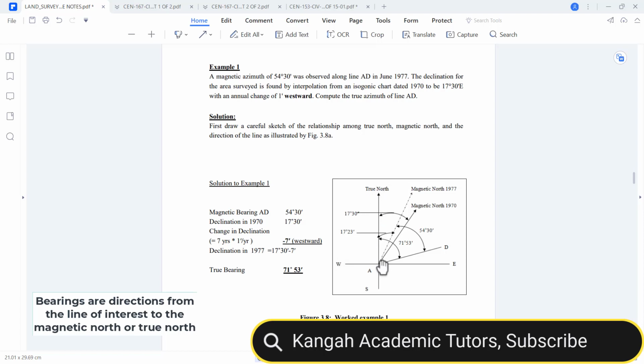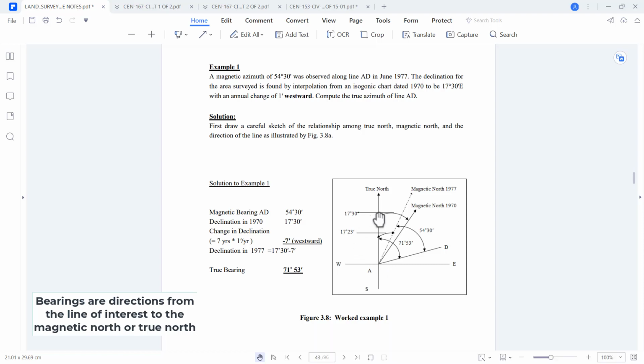Now if the declination is being given to be at the western side, we have to come back to our north, our focus to get our true north. So now how can we get from our true north? Do you get it? Because the bearings are being measured from the north.